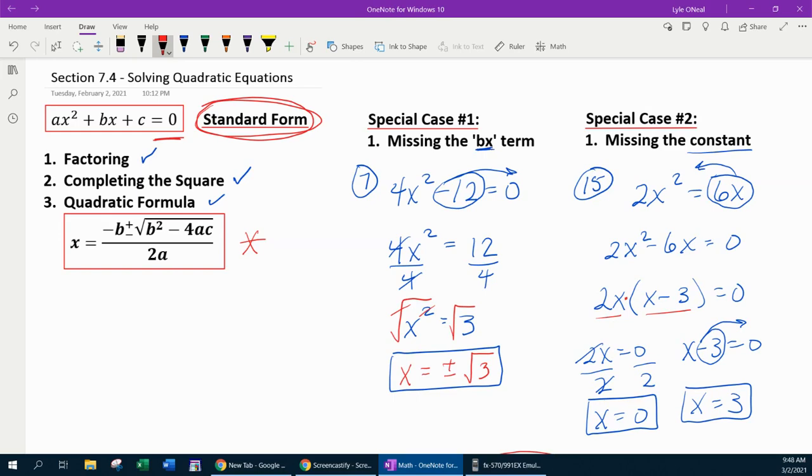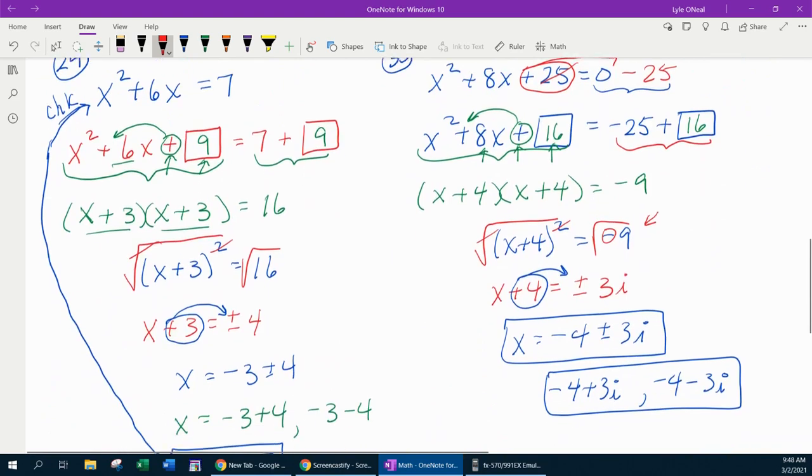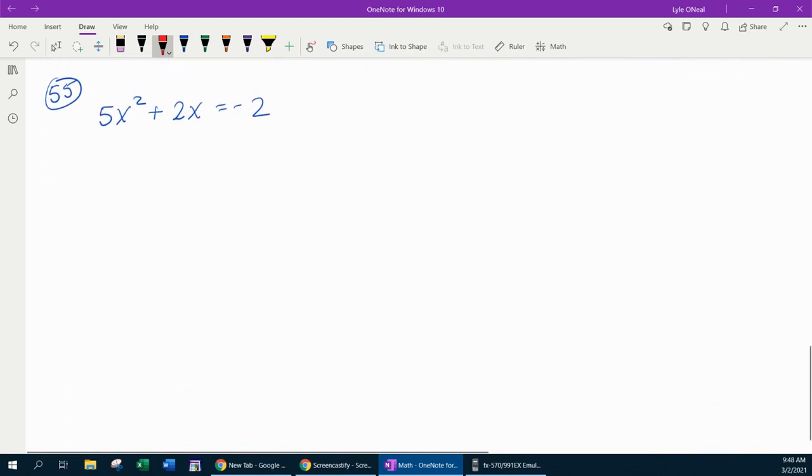It has to be equal to 0 in order to get the correct values for a, b, and c. So just know, if you're using the quadratic formula, your equation must be in standard form in order to get a, b, and c. And our equation is not in standard form. It's not equal to 0, so that is our first step.